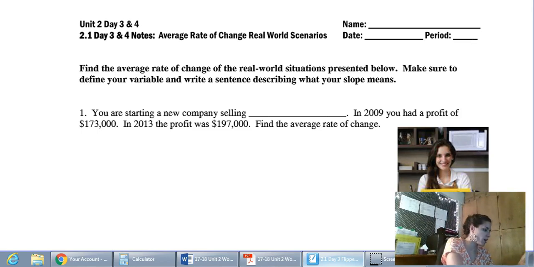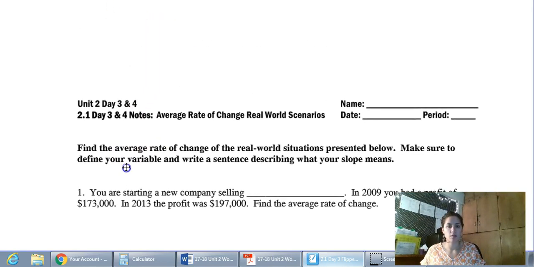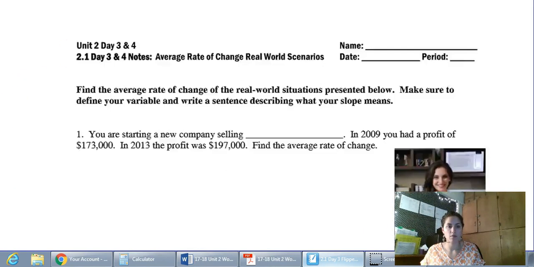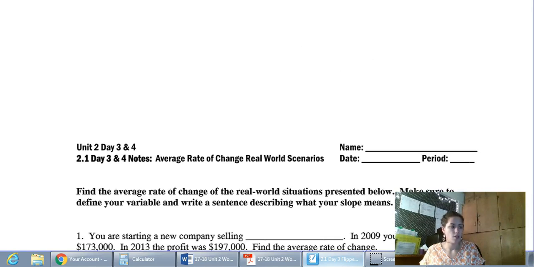So right now we are all on page 29. And at the top of yours, I'm just going to move this down. It says to find the average rate of change.